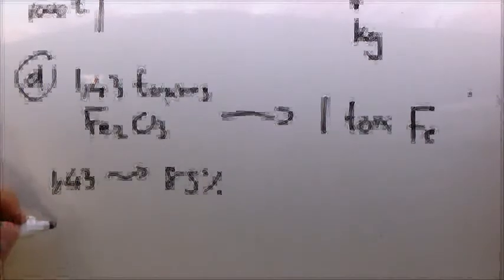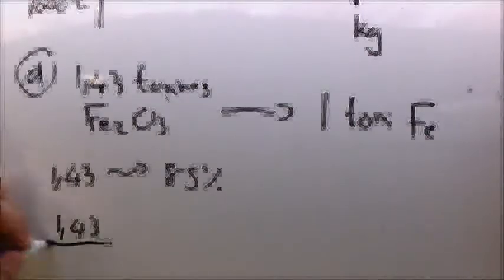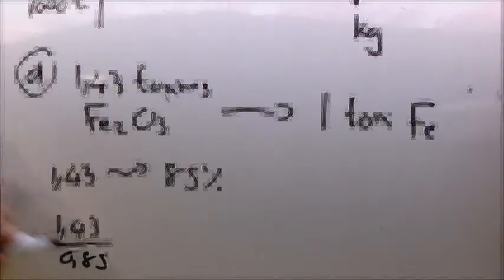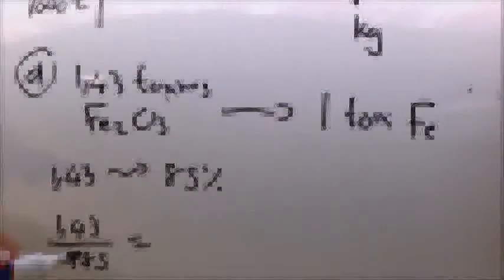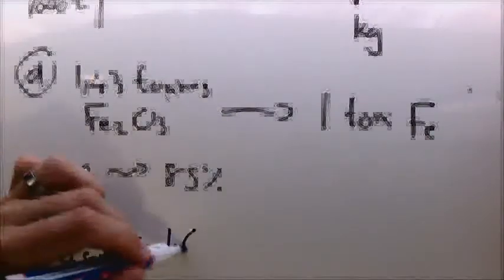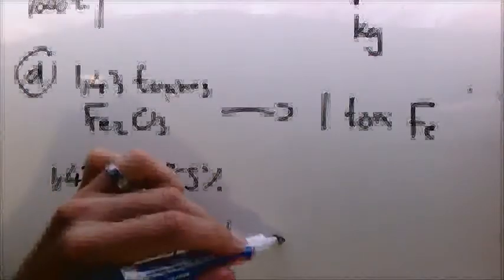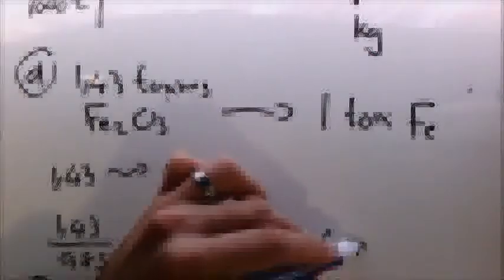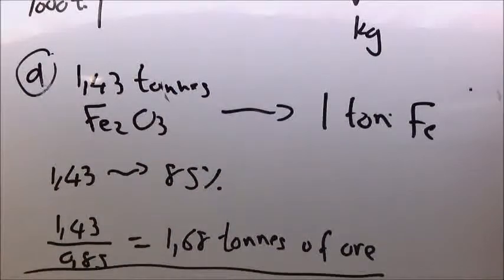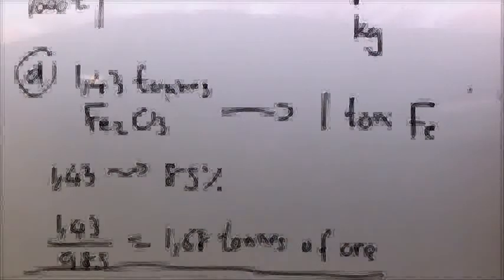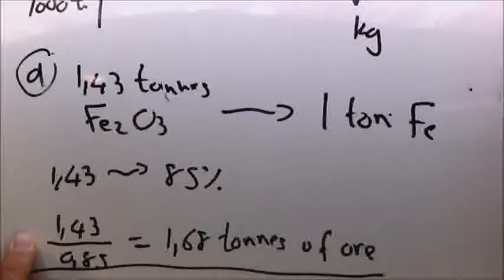So then we say 1.43 divided by 0.85. And that will give you a final answer of 1.68 tons of ore. So 1.68 tons of ore, 85% of this is 1.43 tons of iron oxide.